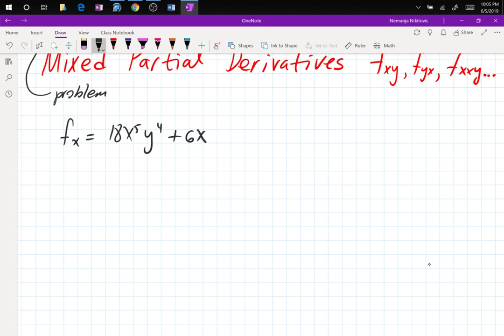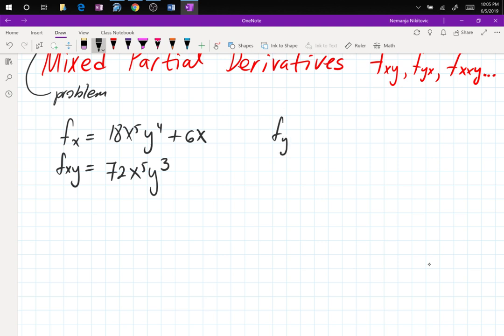See, the next step for me would not be fxx, but fxy, because I want to mix them, right? And the derivative of y to the 4 is 4y cubed, so 72x to the 5, y to the 3, and the 6x dies completely, because the derivative of 6x with respect to y is gone.